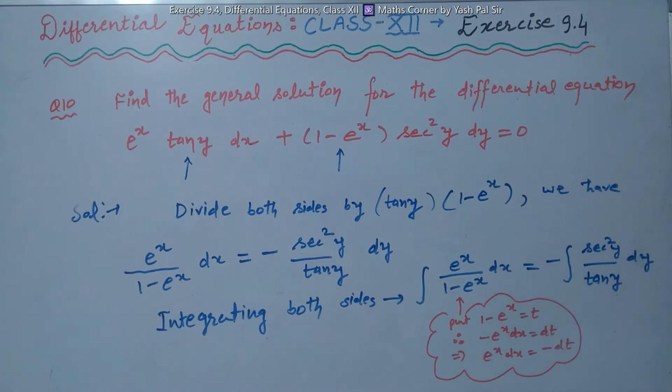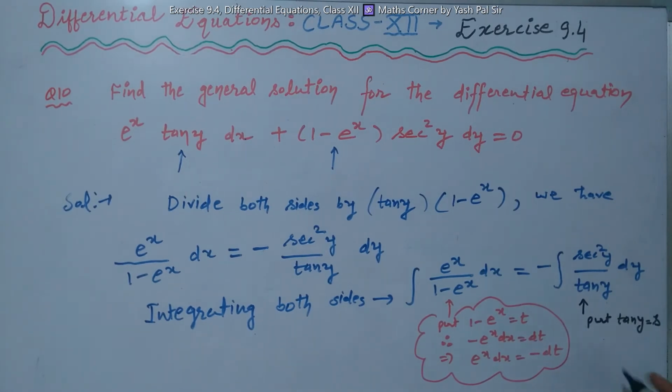Likewise in the right hand side, what we do? Put denominator tangent y is equal to s. Right? So this way, next step is derivative. Derivative of tangent y is secant square y into dy becomes ds. Right?